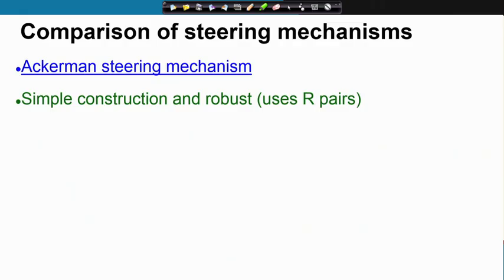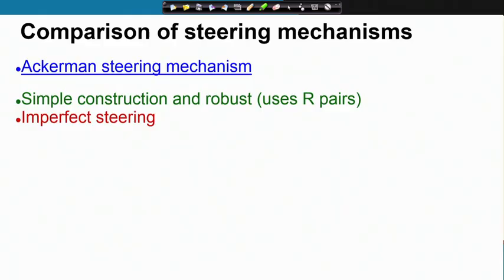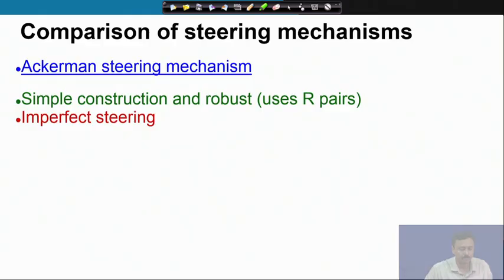You have only revolute pairs, which you can make almost frictionless, and because it uses R pairs, the construction is very simple. But it has the disadvantage we have seen before, that it does not achieve the perfect steering condition. So, the steering is not perfect.